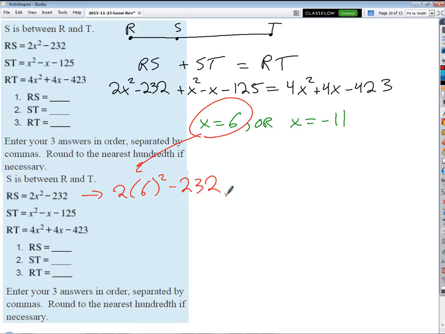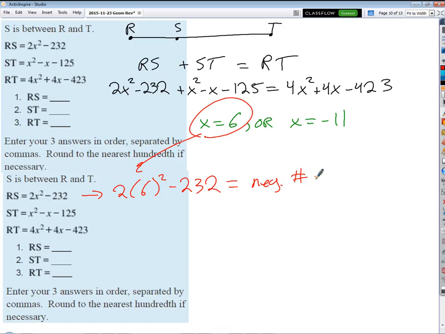I could put it in a calculator, but I don't even have to. What's 6 squared? 36 times 2. Wouldn't you agree that that positive number is going to be smaller than this negative number? And so already I know I'm just going to get some negative number, and that can't work, right? We can't have a negative segment length.